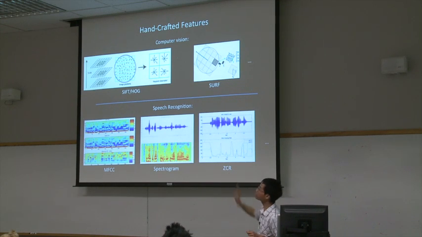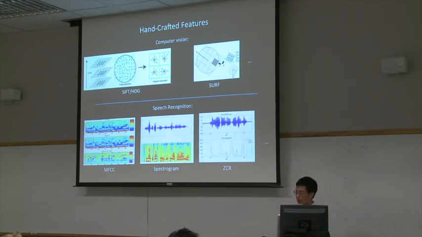And in speech recognition, you might know MFCC or spectrogram. It's interesting that in a lot of these domains, it's really common to use these features. For example, if you submit a paper to speech recognition and you don't use MFCC and spectrogram, your paper might get rejected. So it's very common to use these features.